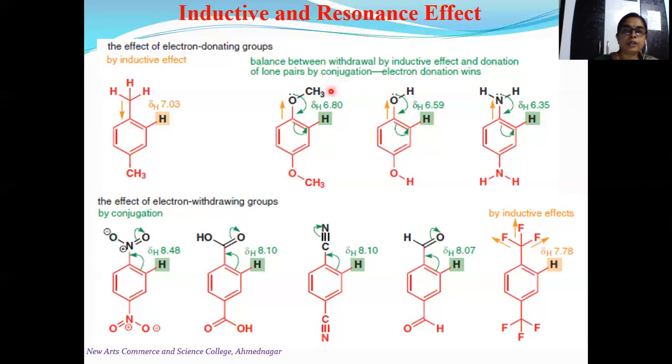If you look at the delta value of this orthoproton and this, we'll find that when the substituent is OH, that is in case of phenol, the proton is more shielded proton. This is because the electron donating resonance effect of OH oxygen is more than the methoxy.